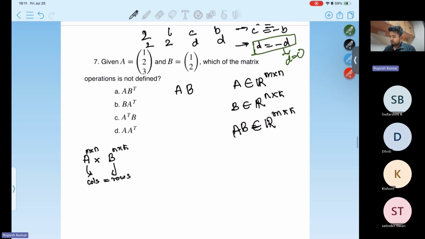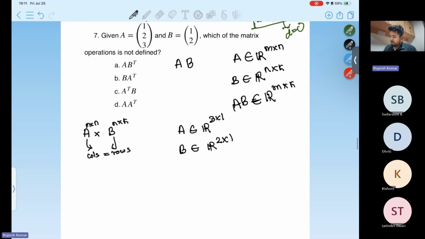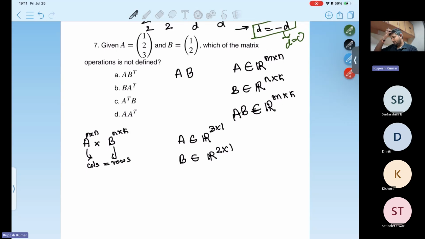So let's look into this. For our case, matrix A has a dimensionality of 3 cross 1, and matrix B has a dimensionality of 2 cross 1, right? So let's look at these operations. The first operation says AB transpose. A is basically 1, 2, 3.